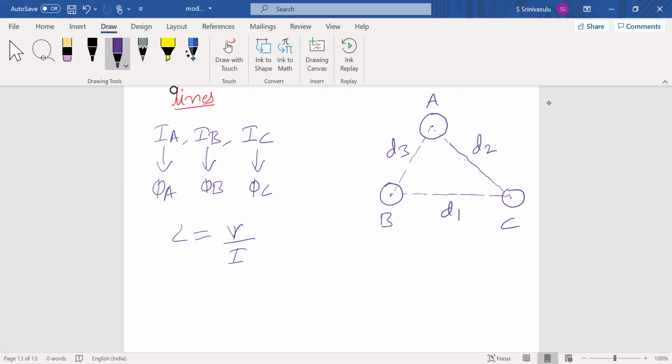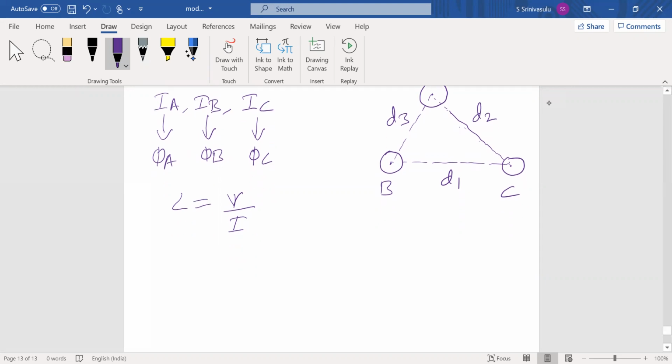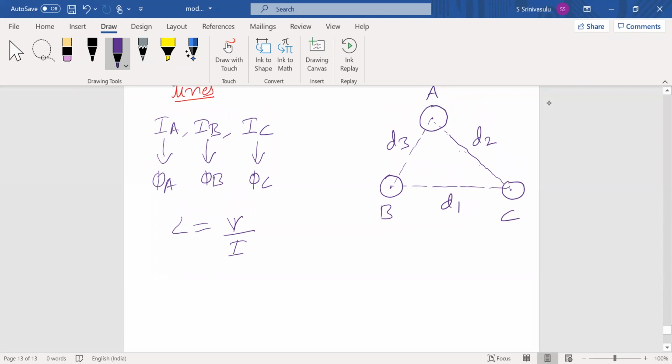Similarly, in the case of a three-phase system, individually you have to find the flux linkage of conductor A due to its own flux and due to mutual flux. I can write psi A as the total flux linkage of conductor A, which equals psi 1A plus psi 1B plus psi 1C. What is psi 1A?